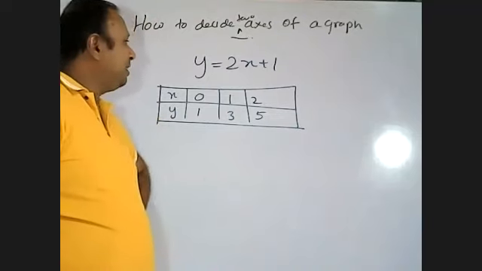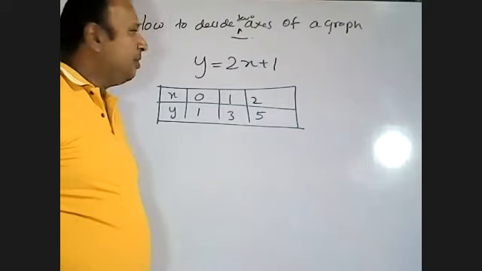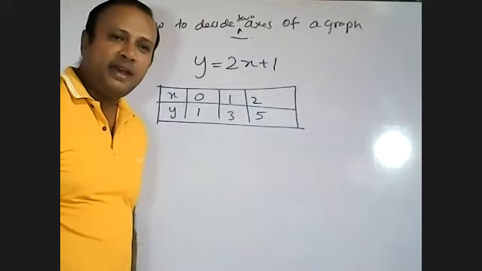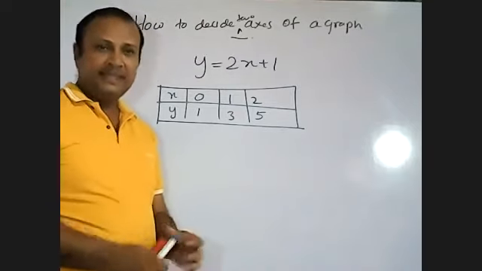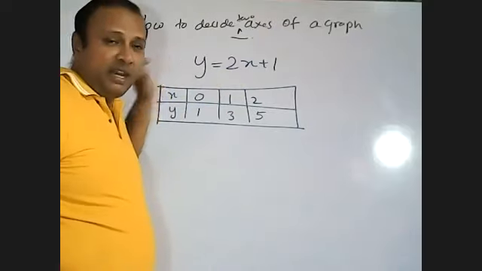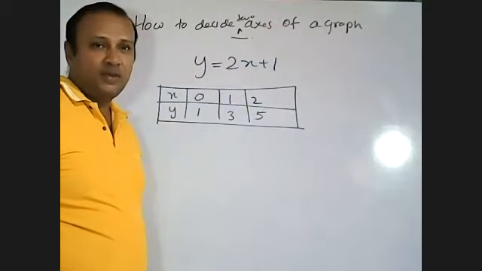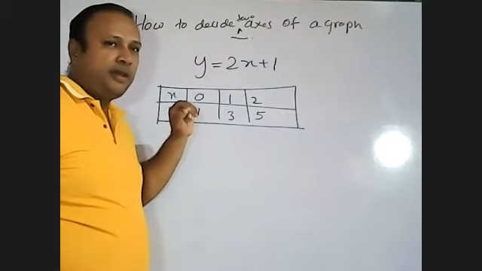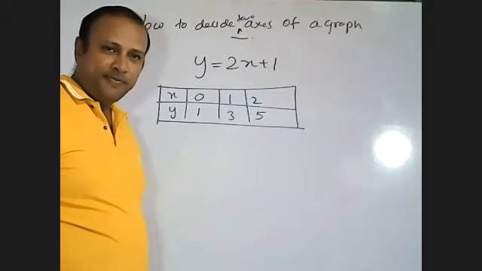Normally, we can assign a value for x, then we can find the relevant y value for that particular x value. Suppose we assign x equal to 0.